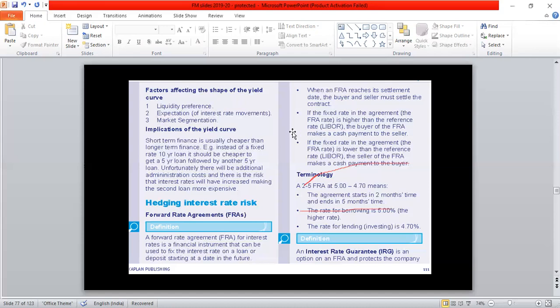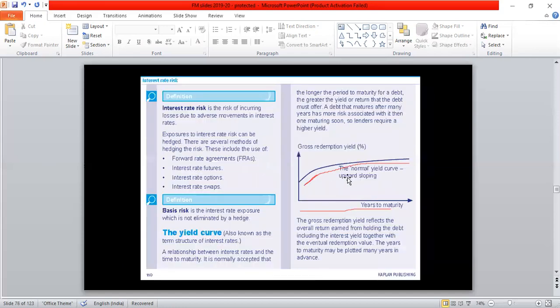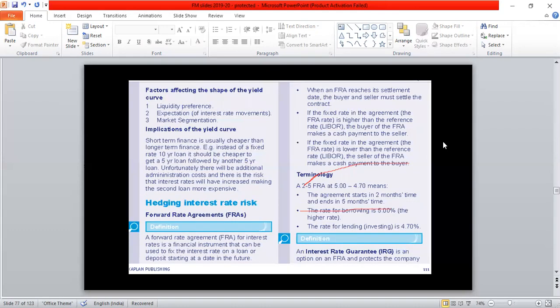Some of them may be interested in short term positions, some medium term, some long term. So what are the various types of investors looking at, are they focusing on investing for short term or long term or medium term? That also will have an impact on the shape of the yield curve.